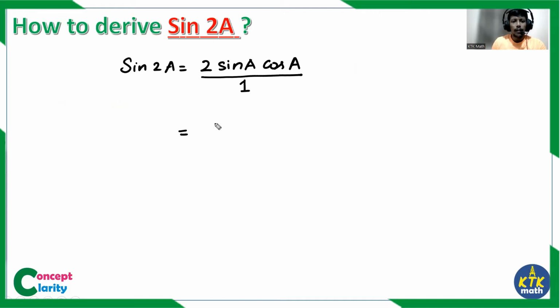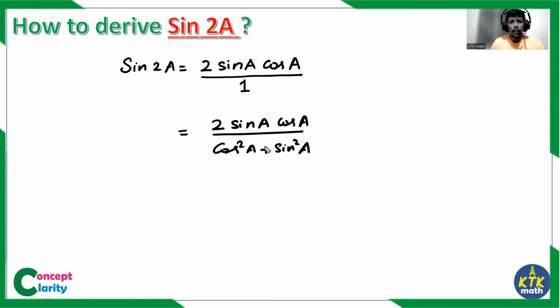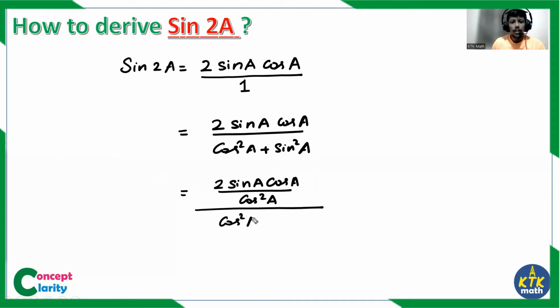Why? 1 can be written as a well-known identity, which is cos square A plus sin square A. So I can write 2 sin A cos A by cos square A plus sin square A. Now I'm going to divide both numerator and denominator by cos square A. In the numerator, 2 sin A cos A divided by cos square A, and the denominator, cos square A plus sin square A, divided by cos square A.